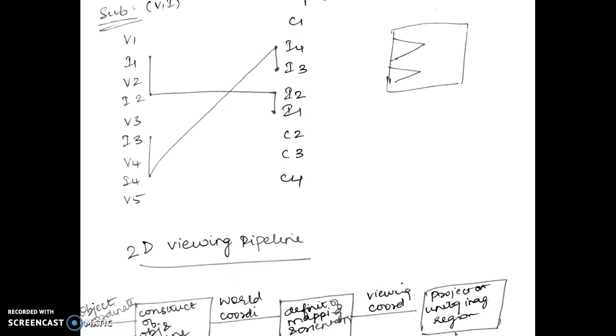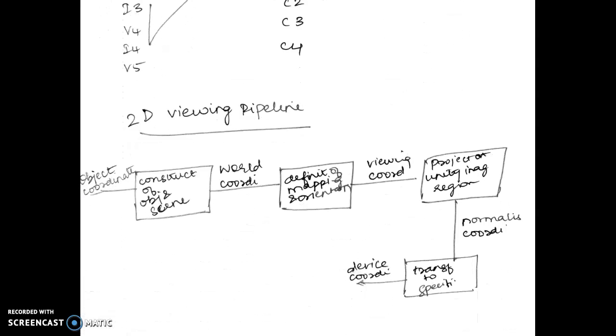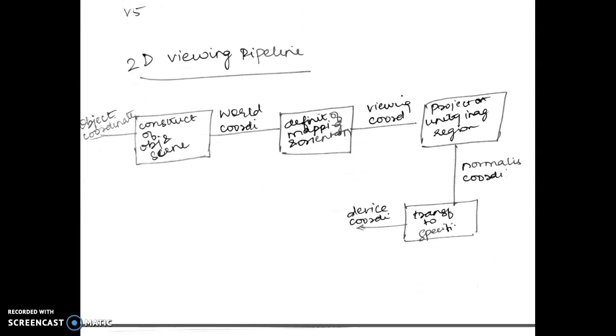So finally, this is the 2D viewing pipeline, a topic we actually missed earlier. What happens is, the object coordinate is converted into world coordinate. So this process is construction of object coordinate from the scene. Okay, so the world coordinate is converted into viewing coordinate, which is definition of mapping and orientation.